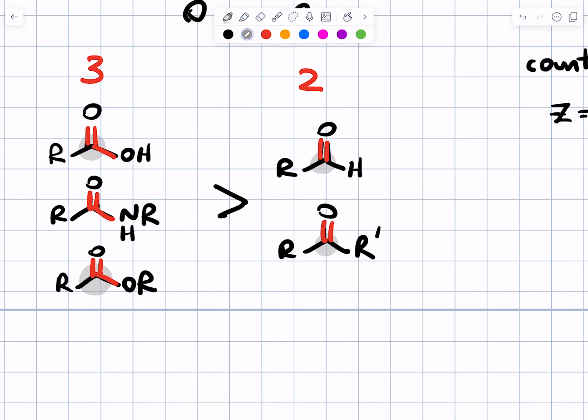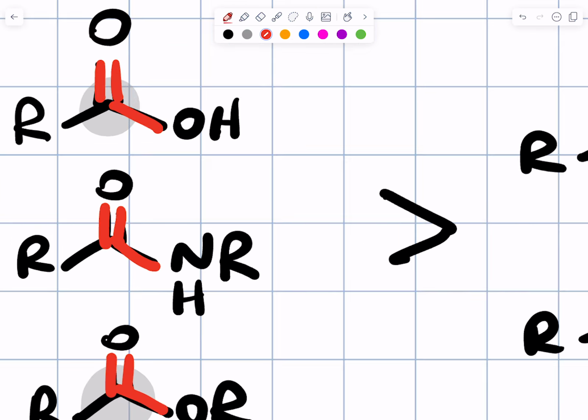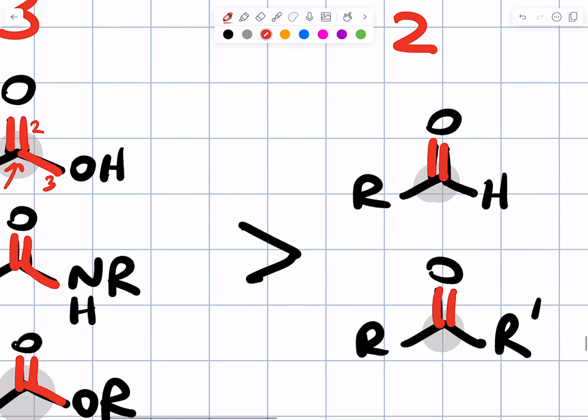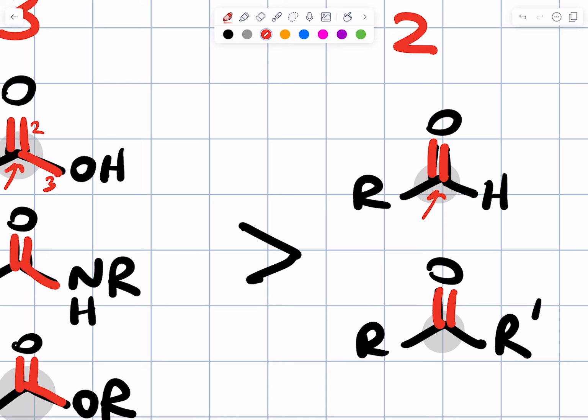Each bond to oxygen, nitrogen, or sulfur. 1, 2, and 3. This carbon here is bonded 3 times to oxygen, 1 time to carbon. Whereas this carbon here is bonded only 2 times to oxygen, the other time to carbon and hydrogen. So we're ranking these in priority on our arbitrary list of priority based on number of bonds to oxygen.